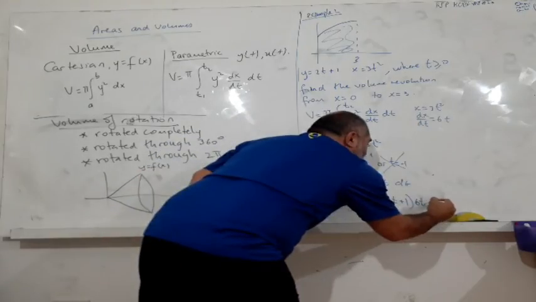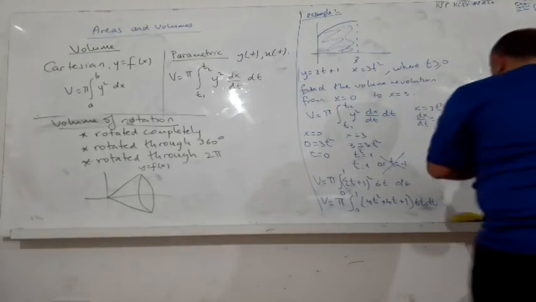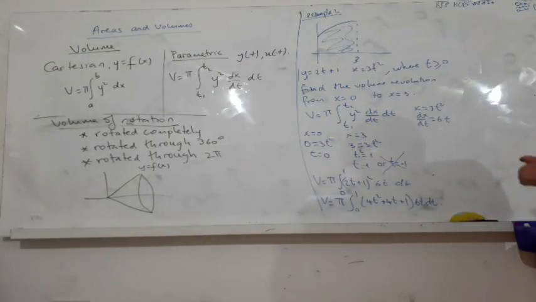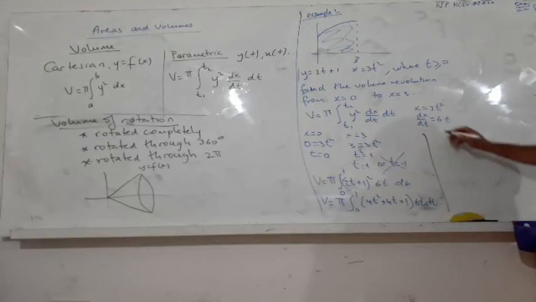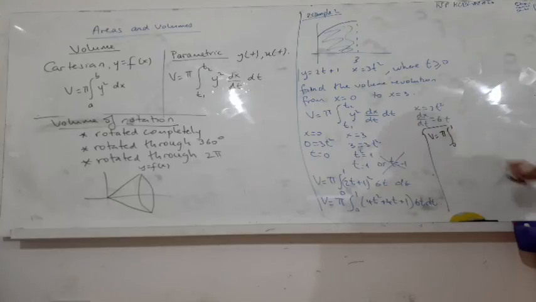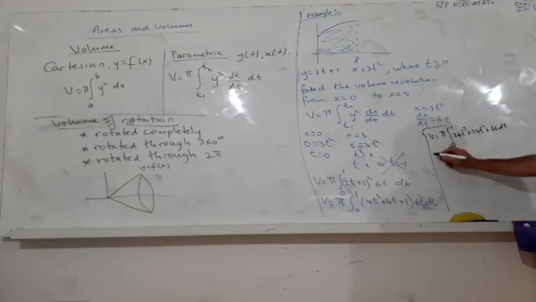And volume will be pi times the integral from 0 to 1 of 24t cubed plus 24t squared plus 6t dt. Volume is going to be pi times, from 0 to 1, 24t to the power of 4 divided by 4, plus 24t cubed over 3, plus 6t squared over 2.